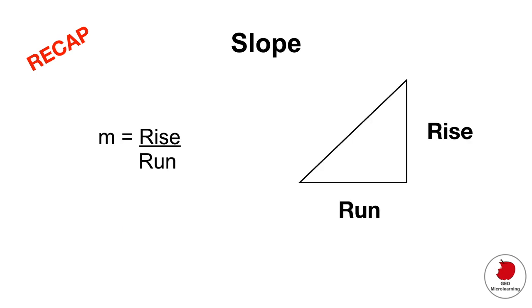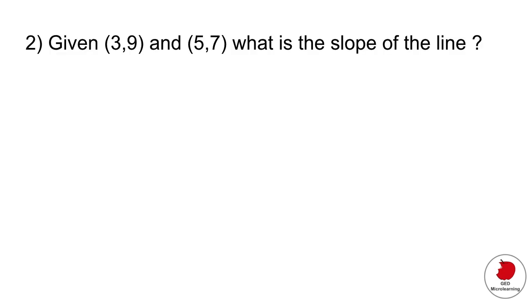And once again, we're going to look at that formula that I gave you before. So if we go back to the question, here you can see that we have two sets of ordered pairs. In the first set of numbers, your x value will be 3, and this will be x1 simply because it's the first set of numbers that they give us. The second coordinate, the one for y, will be 9.